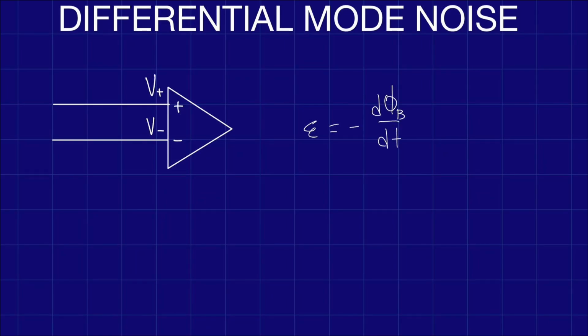I said B here because of a magnetic field, but it can also be an electromagnetic field, so I'll remove it. So this means if there is more area, this right here is the area that we're talking about, then that means that there will be more flux, and that means that more electromotive force will get created, which is basically our disturbance.